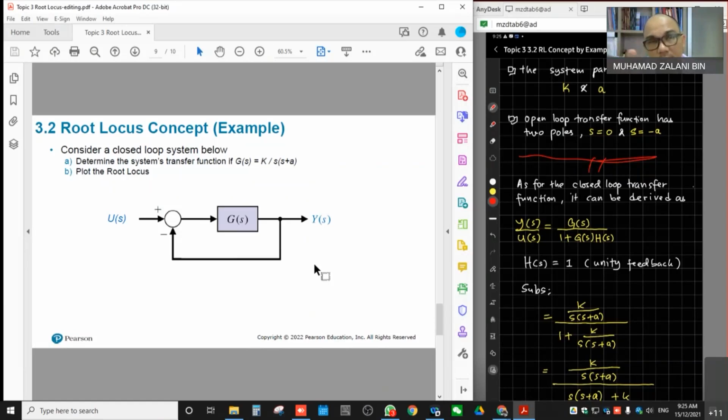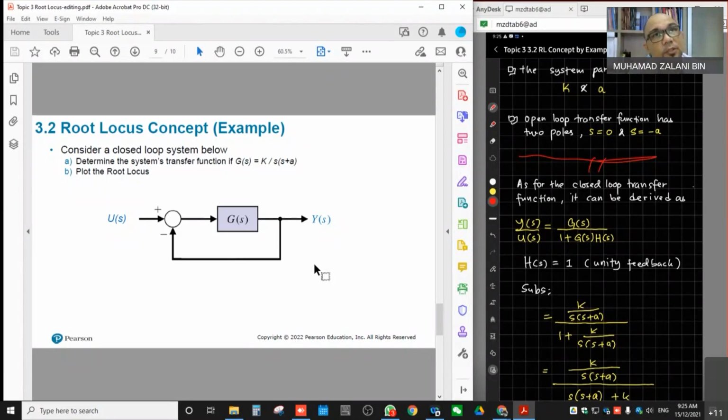There are some equations to determine the breakaway and break-in points, and the asymptotes, the straight lines in the locus, and a lot of other things. There are 10 rules we should consider.